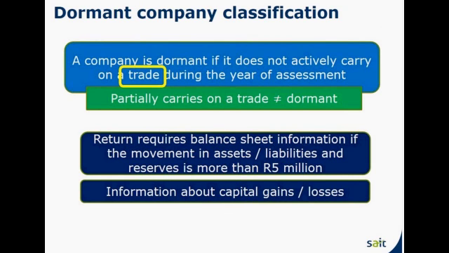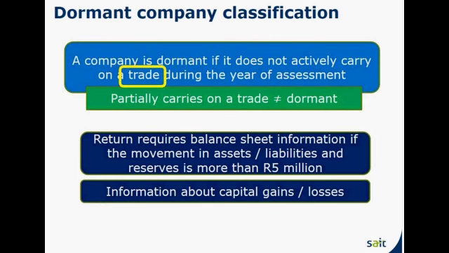Now, if the company didn't trade and there's been a change in assets or liabilities, then it means that the assets have been disposed of, which would be capital gains tax. If it's liabilities, it could be a repayment where there shouldn't be any tax implications. It could also be that debt was written off, in which case you'd have to start looking at the provisions of Section 19 and paragraph 12A of the Eighth Schedule. So basically, reduction in debt provisions.